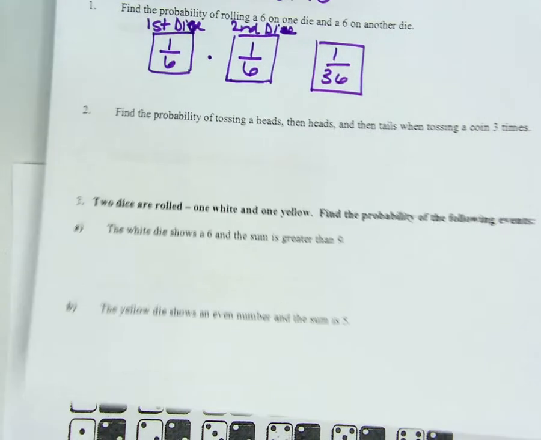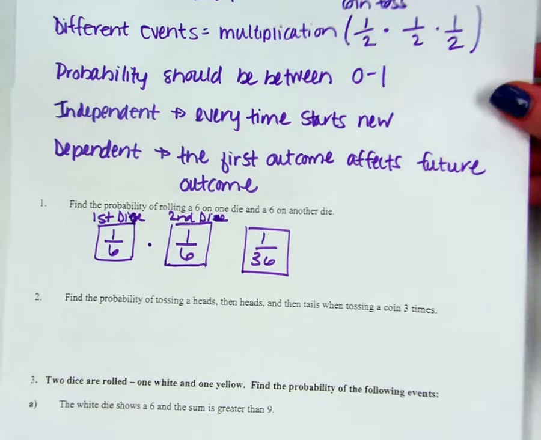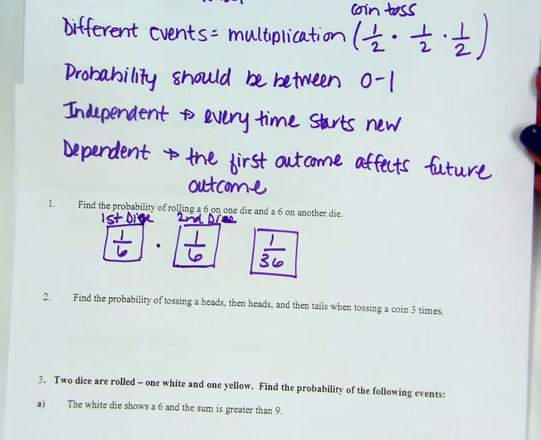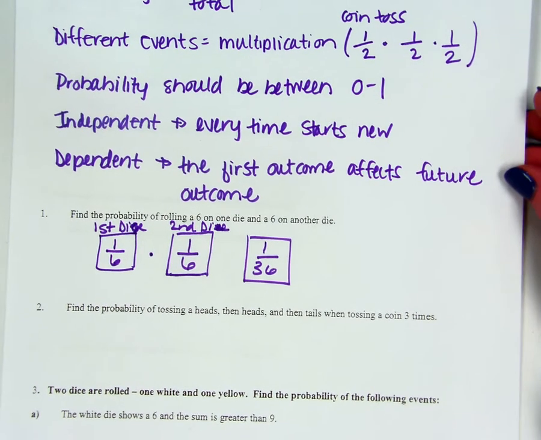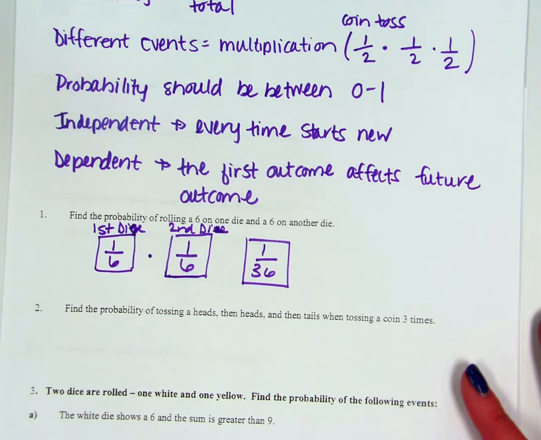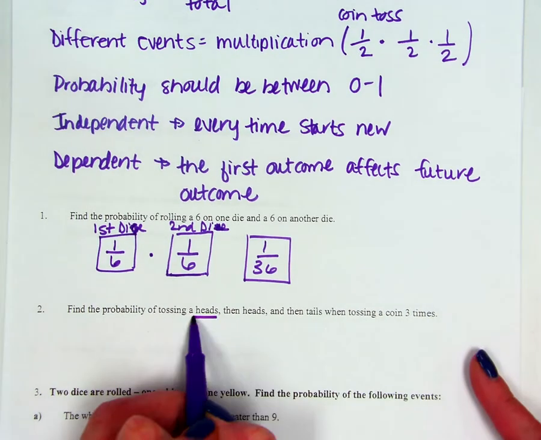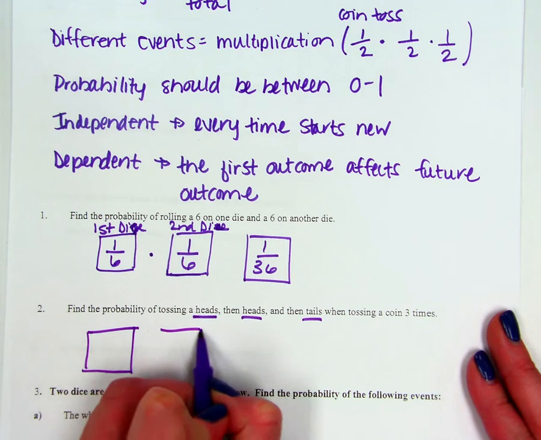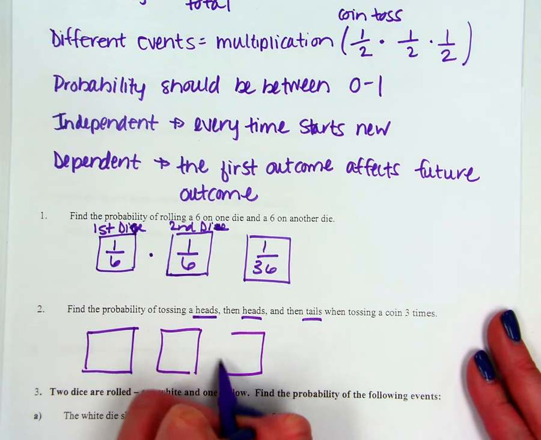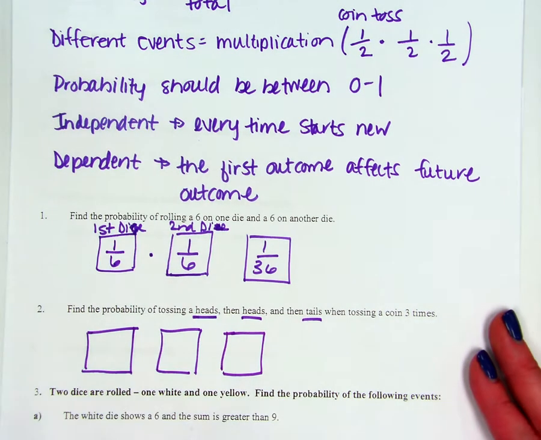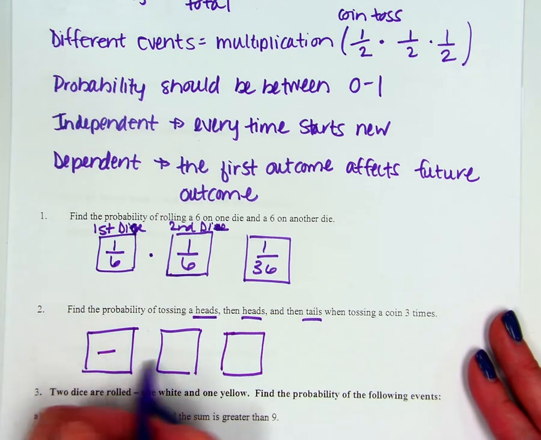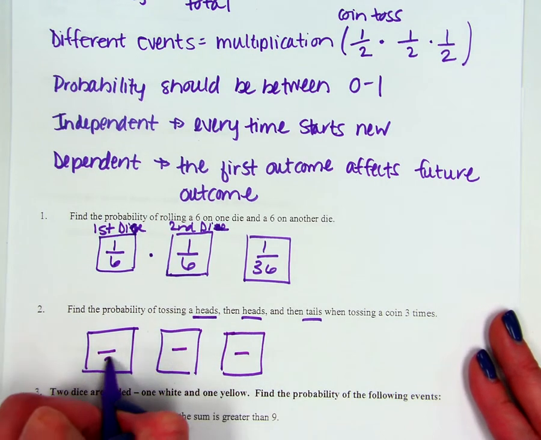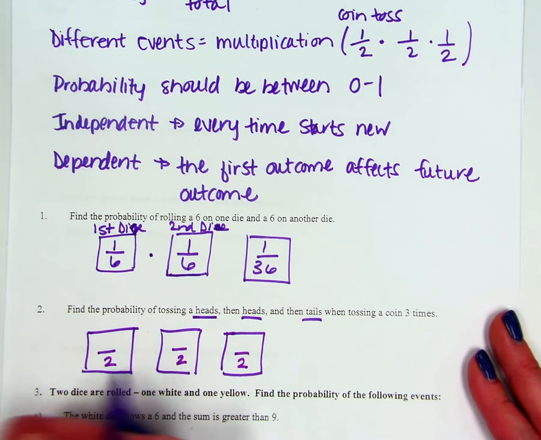Number 2 says find the probability of tossing a heads, then a heads, and then a tails when tossing a coin 3 times. So kind of like the example problem that we did. We have 3 opportunities, and we only have 2 sides. Remember, up at the top we wrote our total is going to be on the bottom. So we only have 2 sides for our coin, so we have a total of 2 choices.